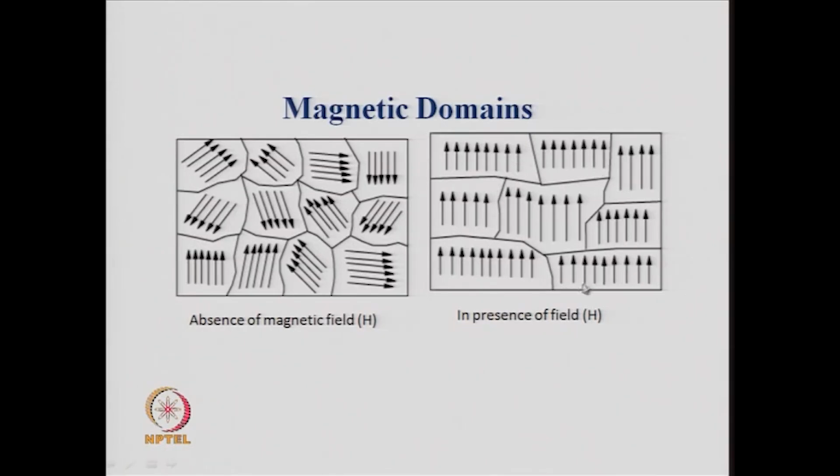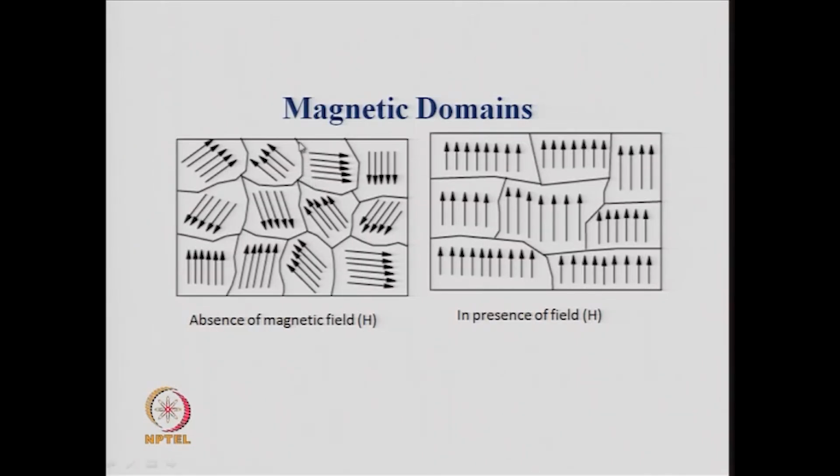So, once you apply a magnetic field and you pole the magnet, that means all the domains have the dipole magnetic moment in the same direction, then even if you remove the magnetic field, you will still have this alignment of the various domains, unless the domains move, and that is called domain wall movement.